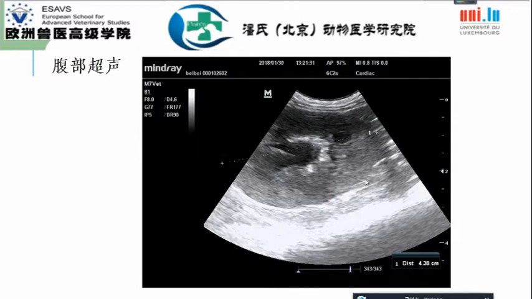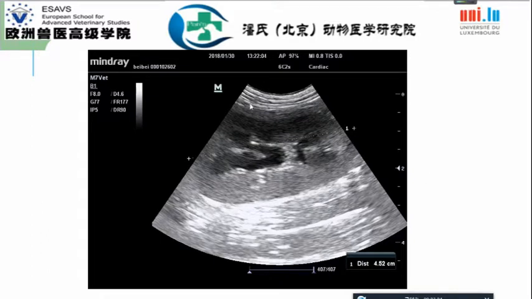From here, you can see we cannot see the contrast of the medulla and cortex. Here also, the margin of the kidney is not smooth and there is liquid, which suggests acute kidney failure.